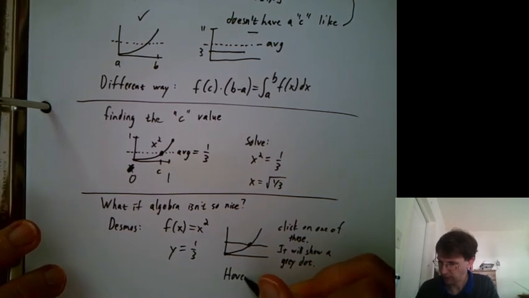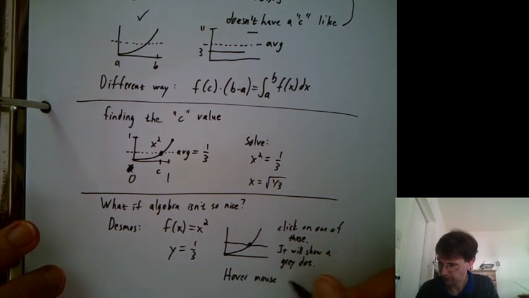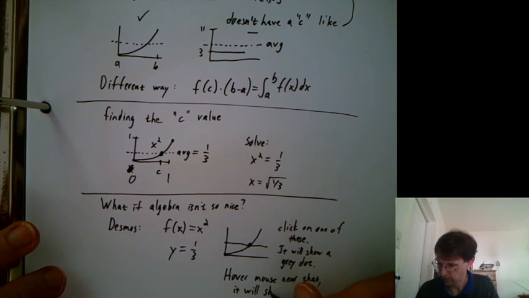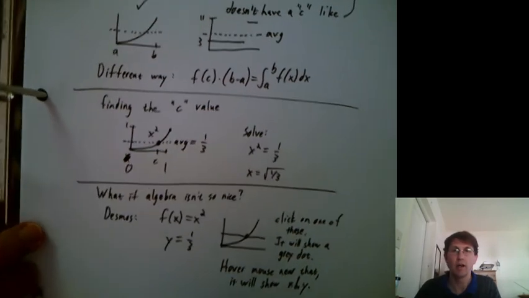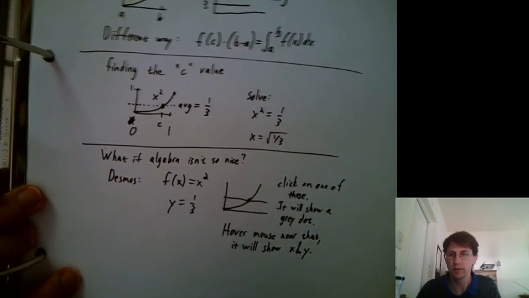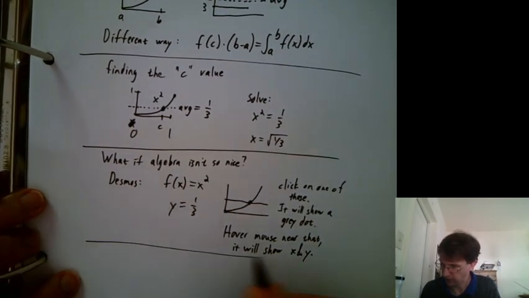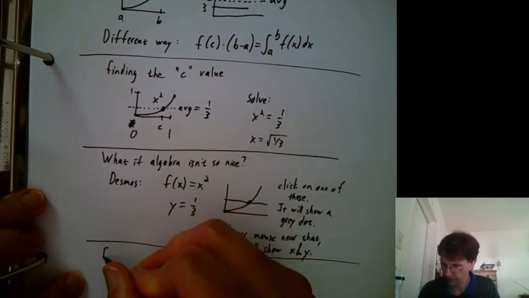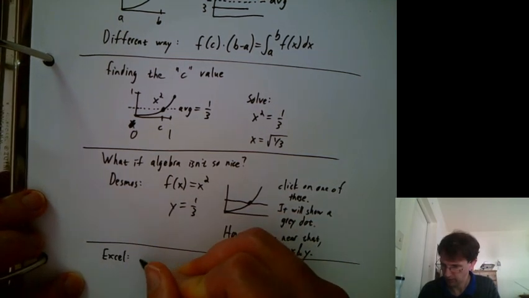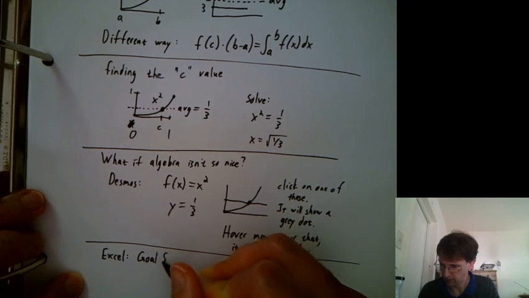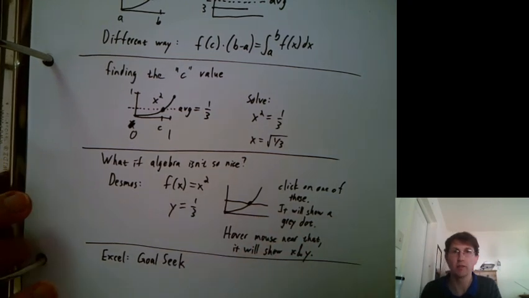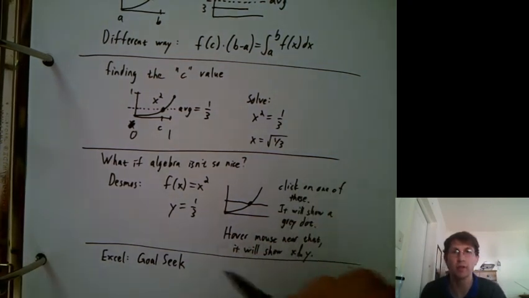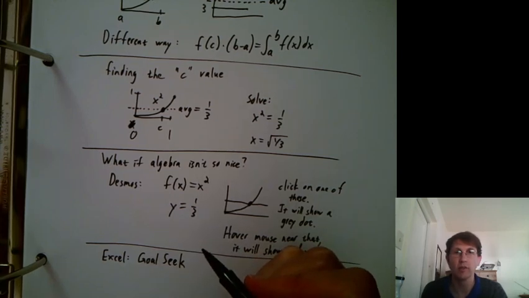So we'll say hover the mouse near that, and it'll show the x and the y. Now, Desmos isn't the most professional tool. What if you wanted to do this in Excel? There's something called goal seek, and you can find videos for that online, but I just wanted to mention the more useful skill in the future.